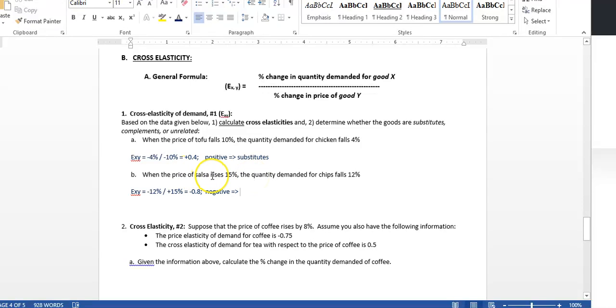When the price of salsa rose 15%, are we going to buy less chips? Yes, because the price of salsa goes up, we buy less salsa, and therefore you're going to buy less chips, the thing that goes with it. So again, if we get a negative answer, that means our two goods are complements.